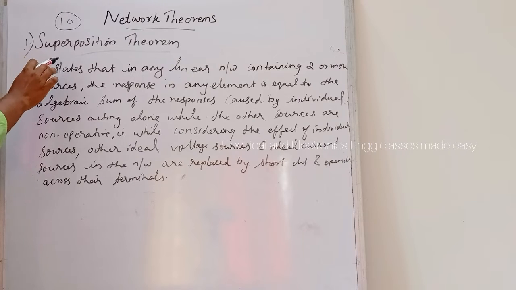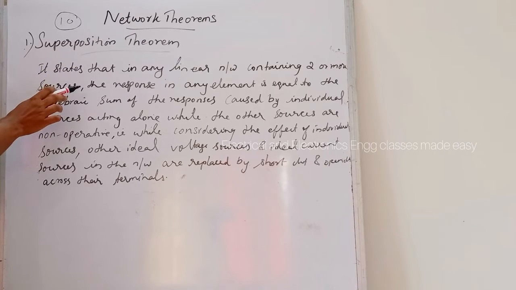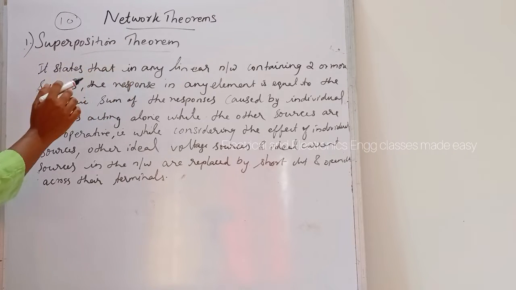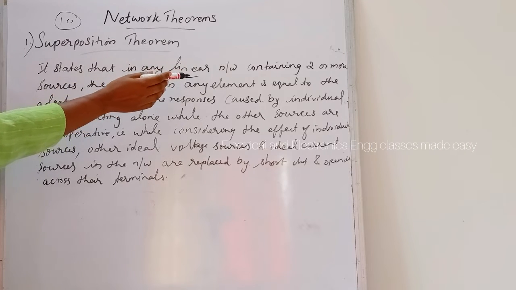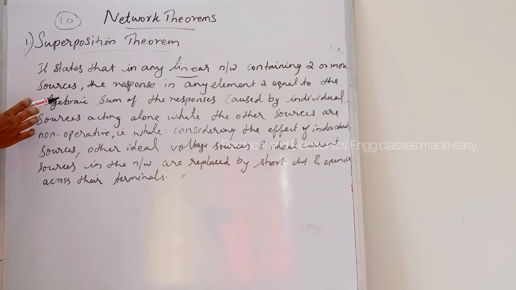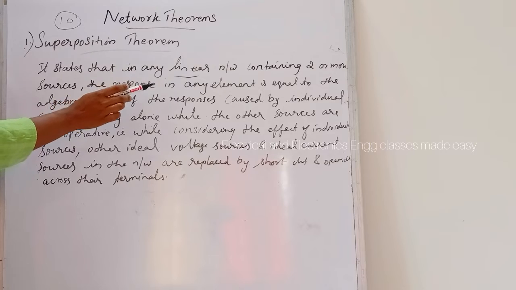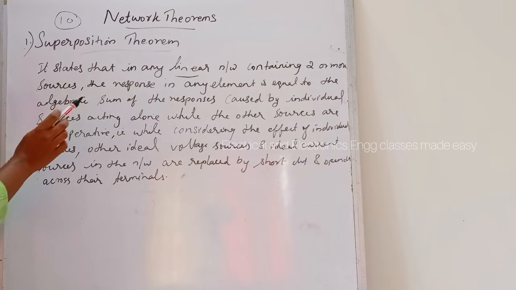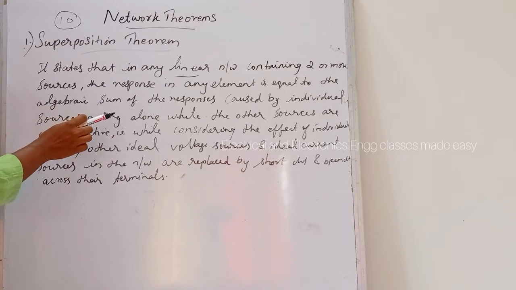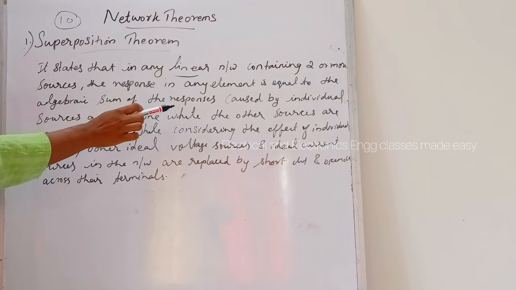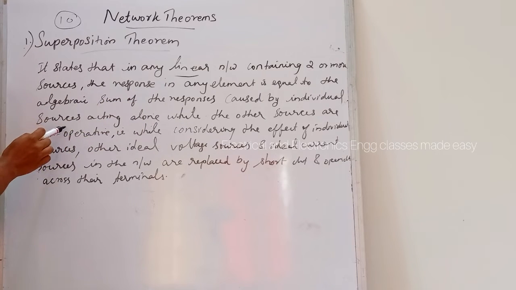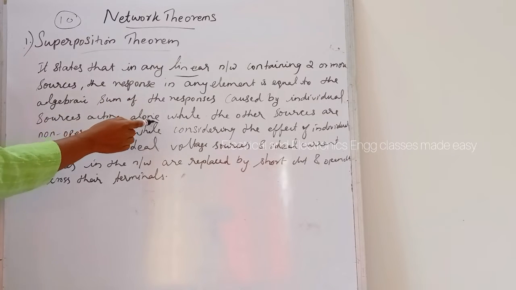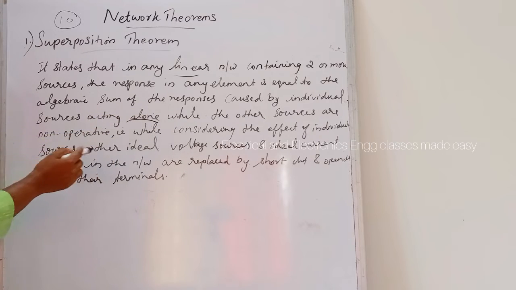So, the superposition theorem states that in any linear network containing two or more sources, the response in any element is equal to the algebraic sum of the responses caused by individual sources acting alone while the other sources are non-operative.